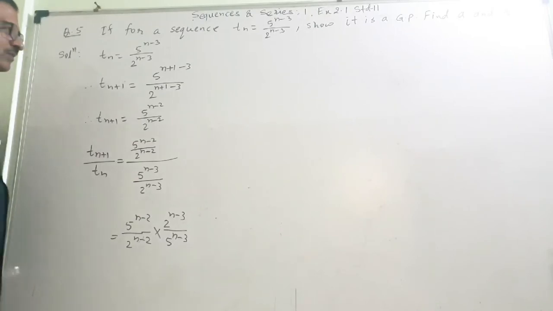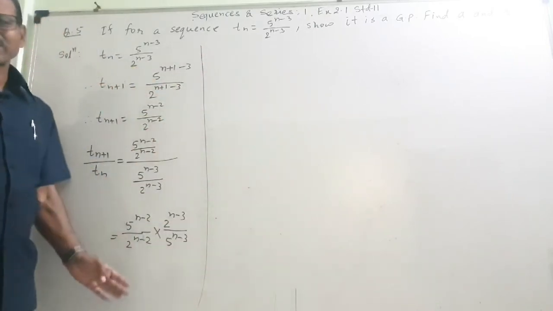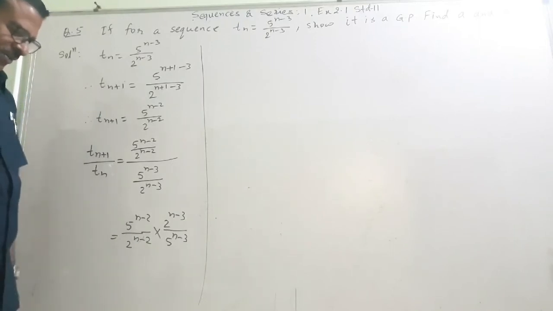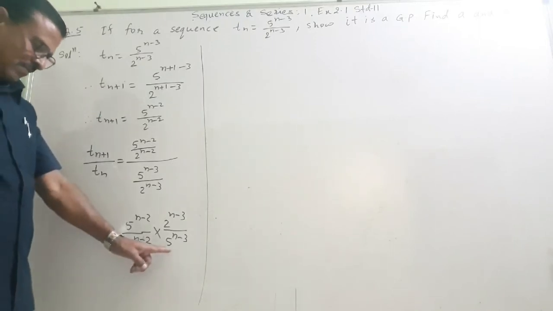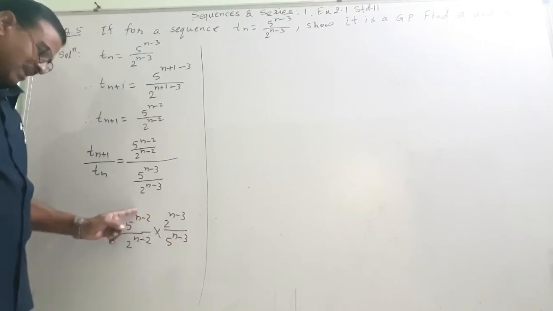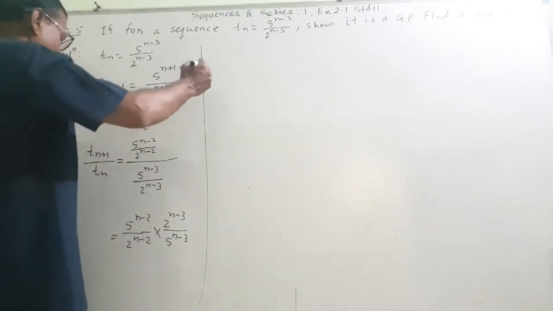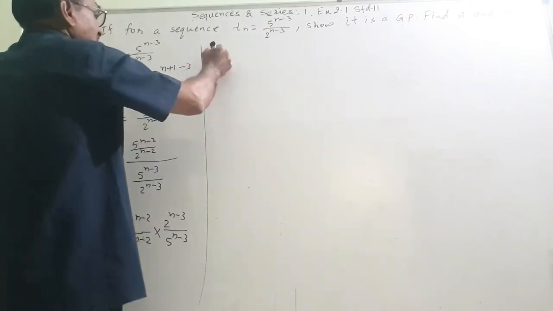Now, see this is the division. Division means subtraction of the indices. What I will do is, I will take this up, meaning n minus 3 will become minus. This I will take up, this will become minus.